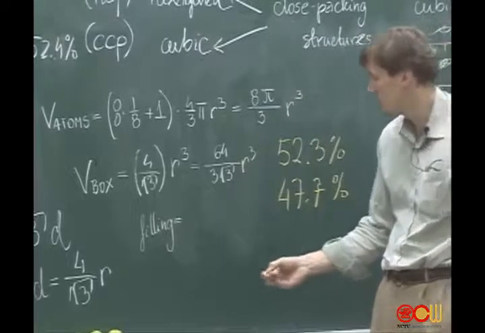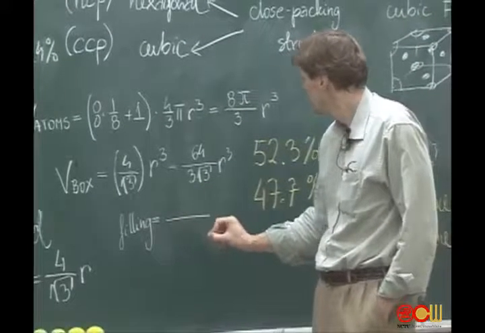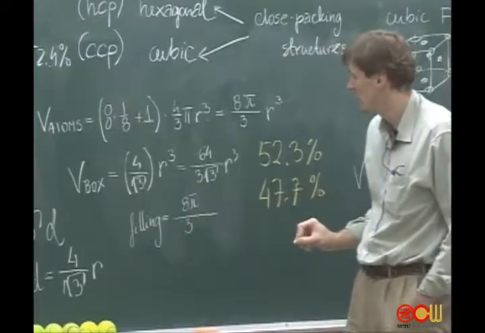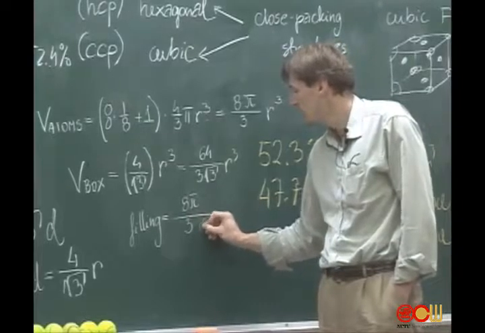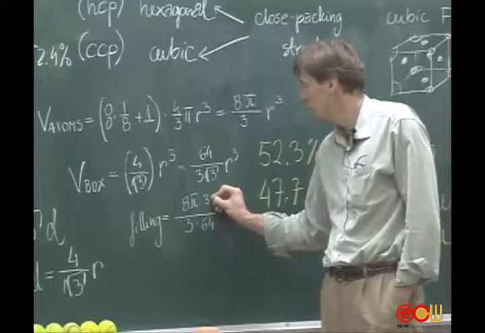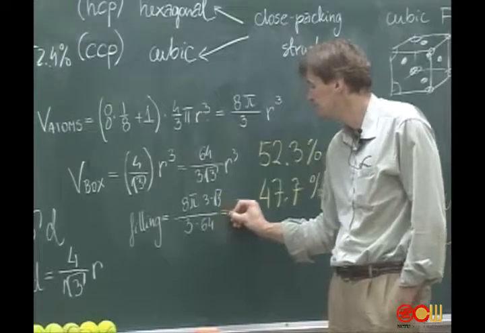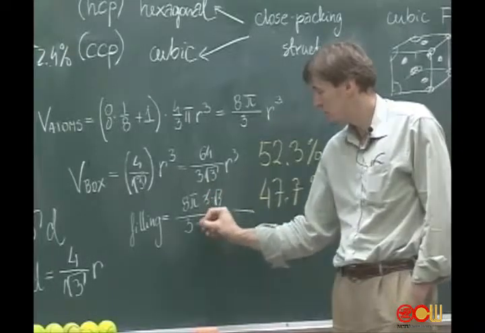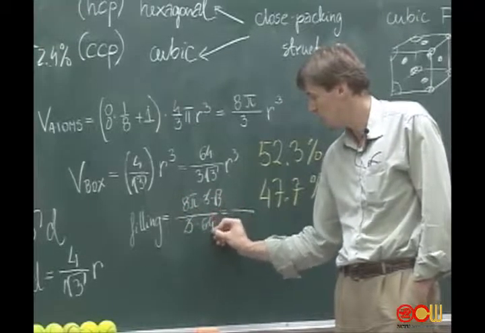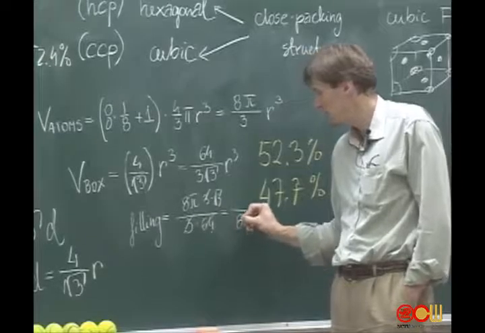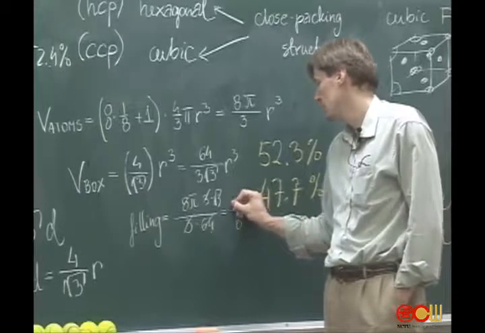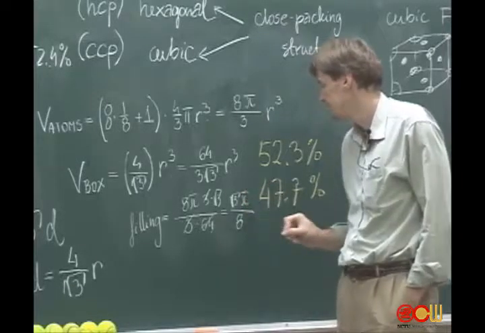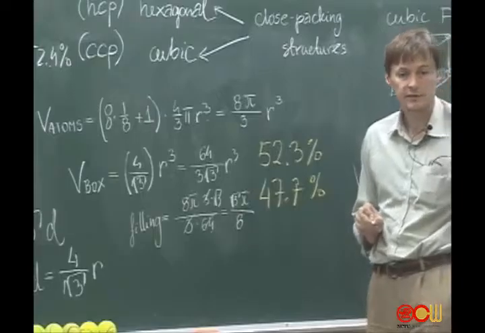When I divide these two things, I'm finding 8 pi over 3 divided by 64 over 3 square root of 3, which is, this one goes to 8, there is 8 here, and the upper part is square root 3 times pi.